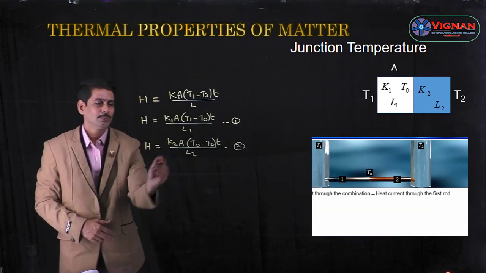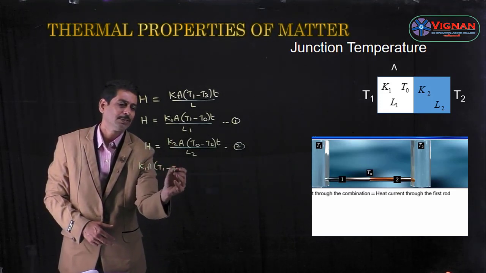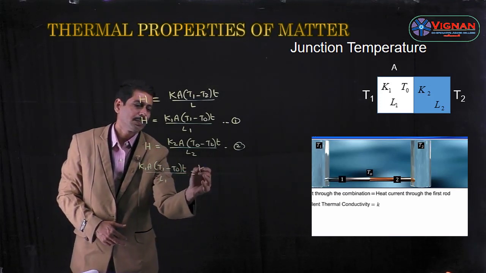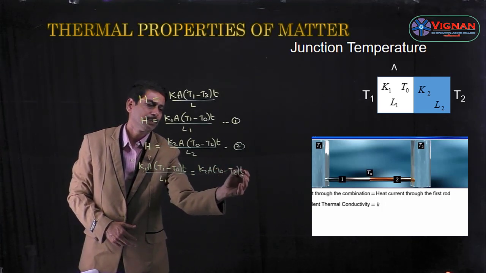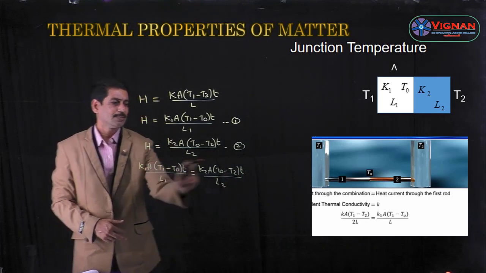So apply these two as equal: K1 into A into T1 minus T0 into t by L1 is equal to K2 A into T0 minus T2 into t by L2. So A gets cancelled and t also gets cancelled.